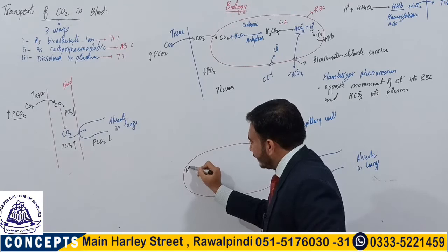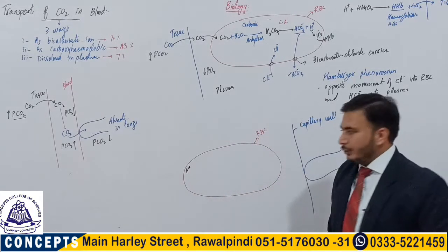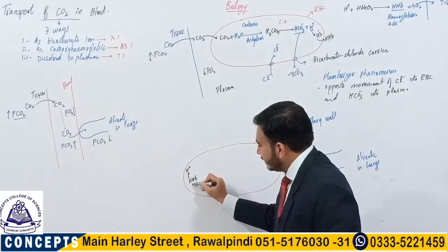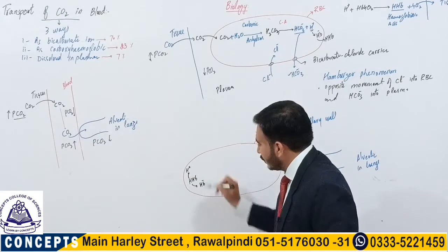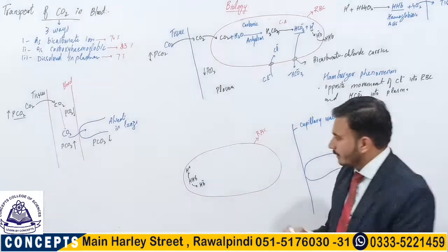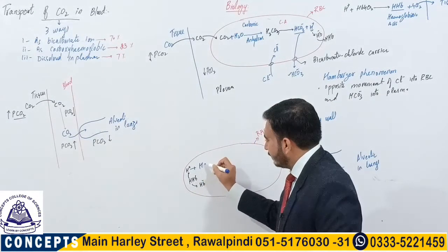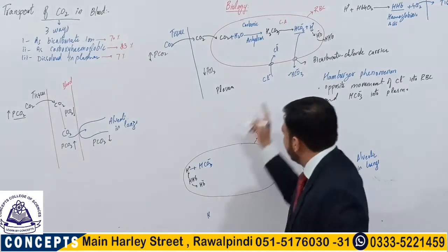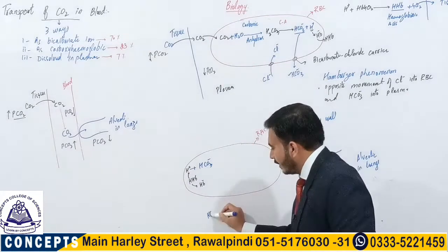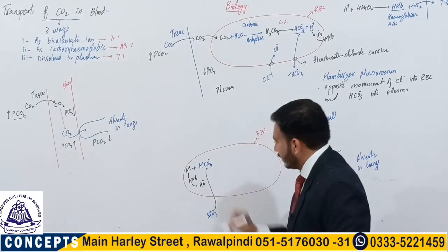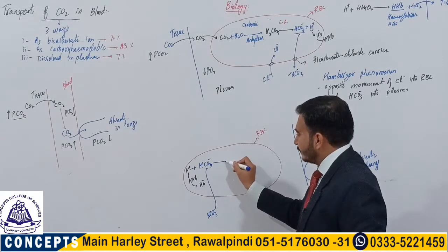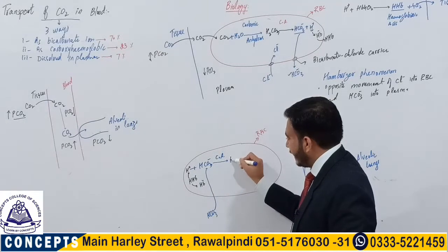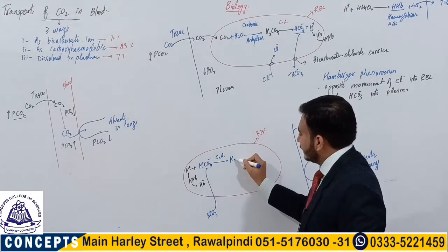H positive ion dissociates from hemoglobinic acid, and hemoglobin is also formed. This reacts with bicarbonate ion. This bicarbonate ion comes from the plasma, and it reacts with H positive ion in the presence of the enzyme carbonic anhydrase, and gives carbonic acid again.